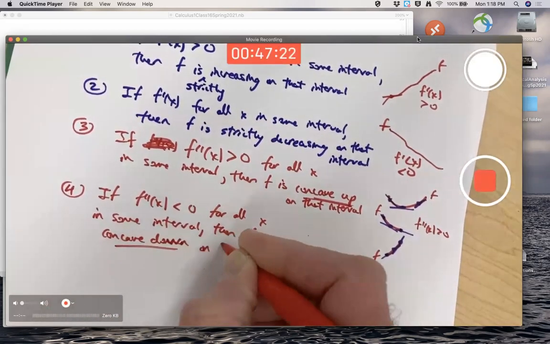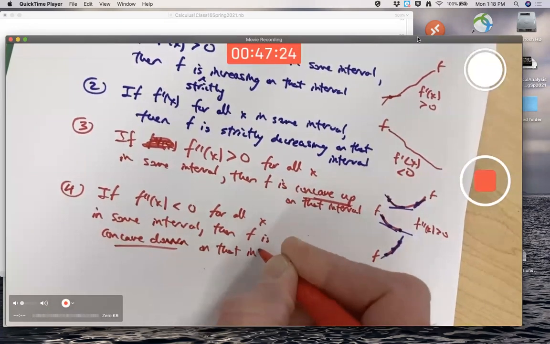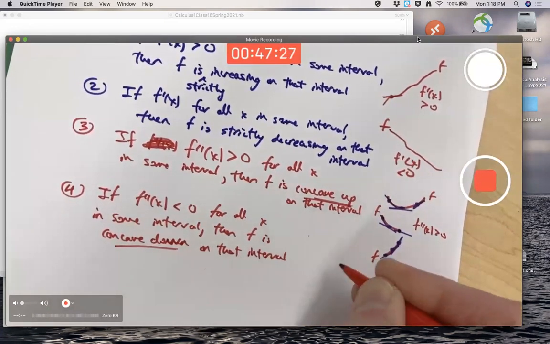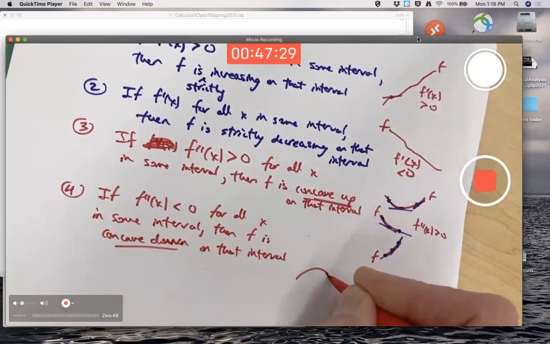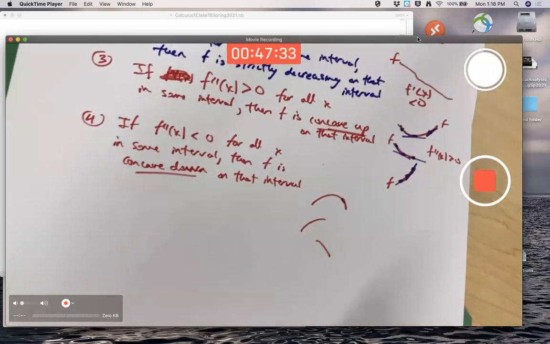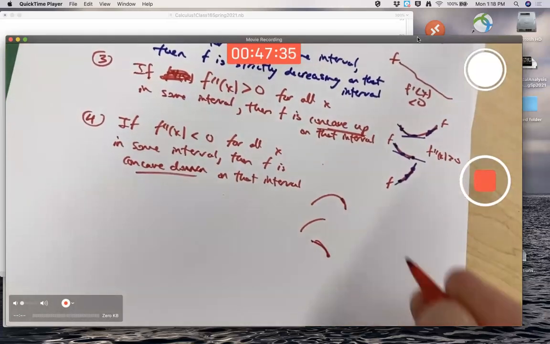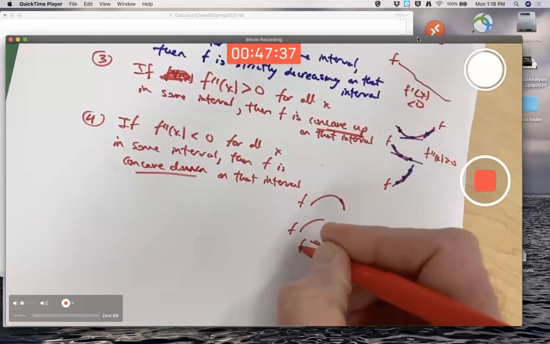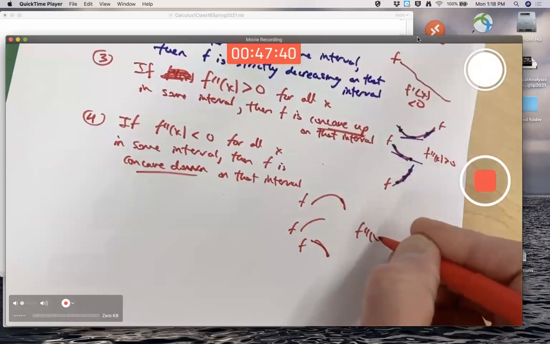It looks like a full frown or part of a frown, one of those three. These are three different graphs of f where f double prime of x is always negative.